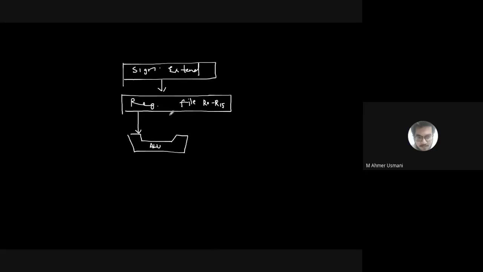The other operand, before coming into ALU, will pass through another component, and that component is called the barrel shifter. Barrel shifter. What it is, we'll be discussing shortly. So after going through the barrel shifter, it will come into the ALU.